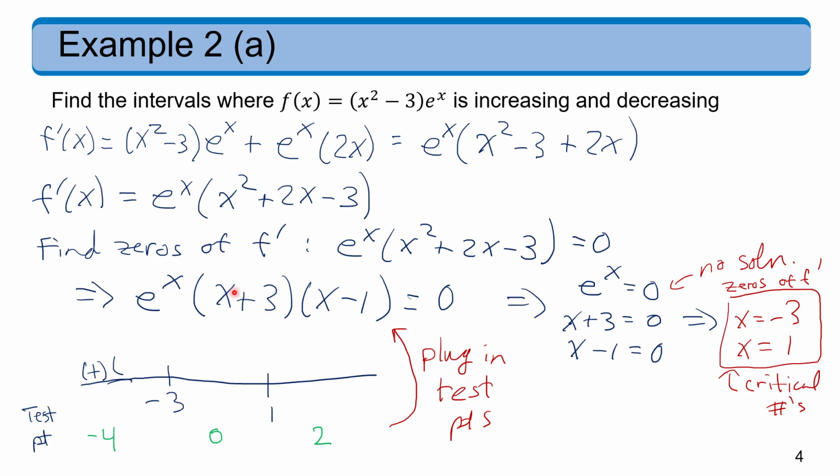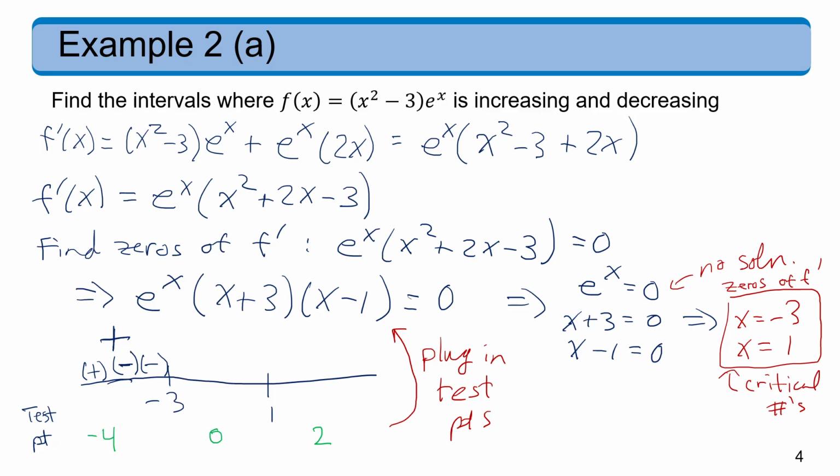When I plug in -4, I get -4 plus 3, which is -1. So it's a negative number. I don't really care that it's -1, I just care that it's negative. And then the third factor, when I plug in -4, I get -4 minus 1, which is negative. So I end up with the product of three numbers: one is positive and two are negative. So that product of those three signs will give me a positive result. So I'm going to put a plus up at the very top.